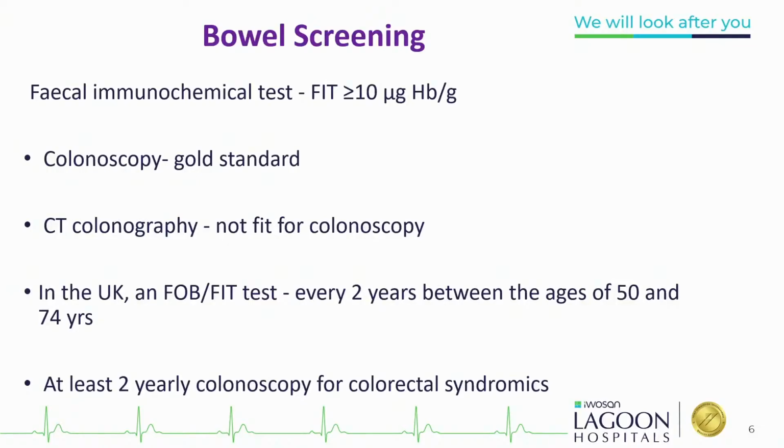In the past we did FOBT, where you'd just say it's +1, +2, but now with FITs, and I believe you have FIT in Iwosan, we can quantify the number of red cells in the stool. Once it's more than 10, you're qualified to have a colonoscopy.